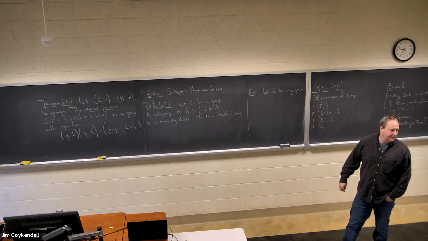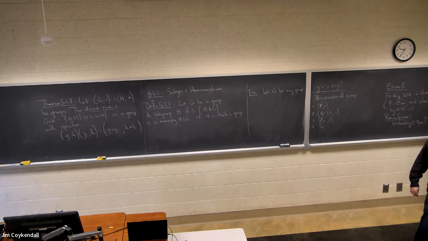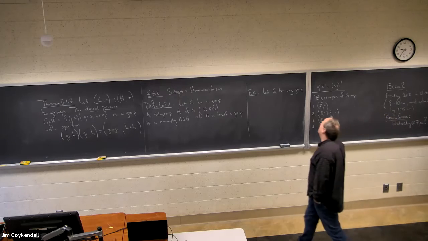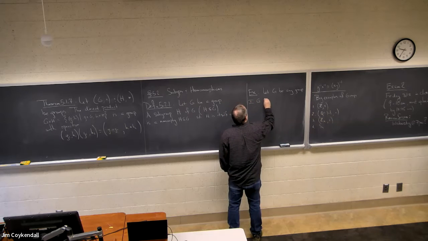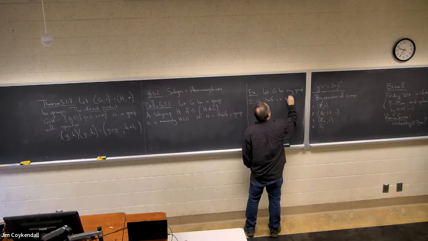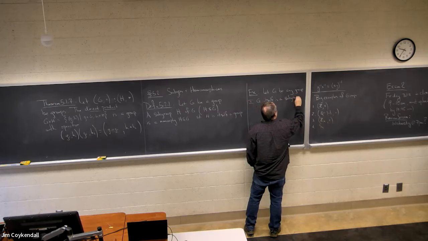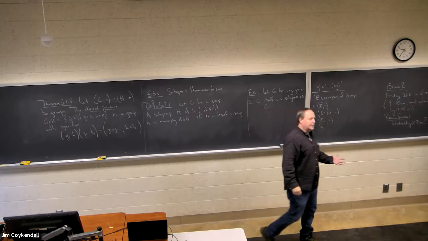What's that? You got the hardest part. But to be a subgroup, there's only one choice for what that one item is. Oh, okay. That's one right there. G itself is a subgroup of G, right?